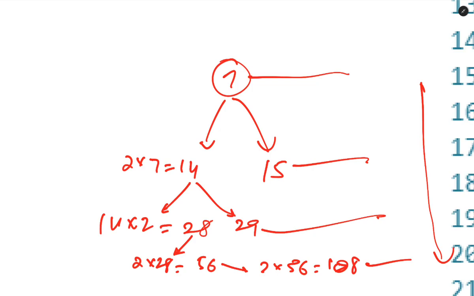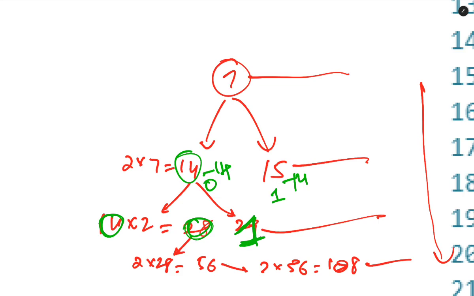And if 14th index was the first node in that level, I could have subtracted 14 from both of them, and it will be something like 0, and this will be something like 1. So I could have done 0 into 2, and it will be 0 only. 0 into 2 plus 1, so it will be 1 only.